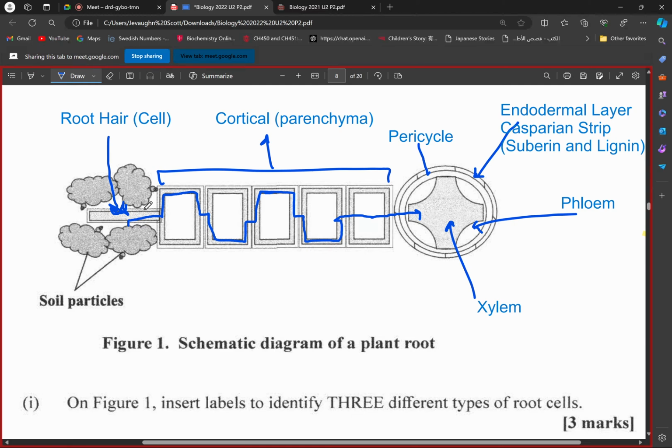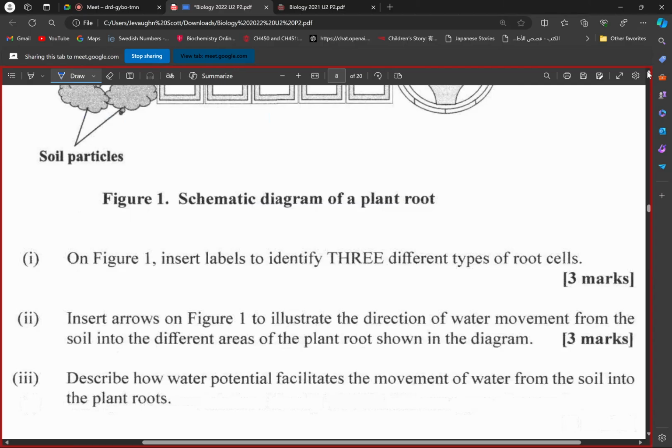Describe how water potential facilitates. Does water potential facilitate movement of water? Because I did discuss this. Go ahead.